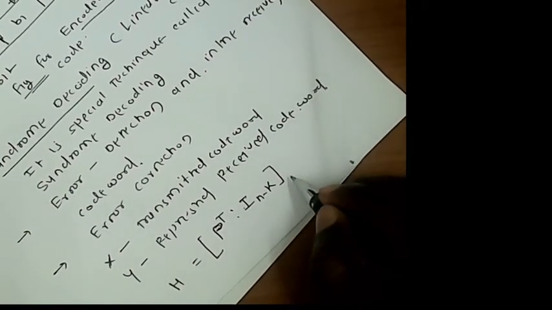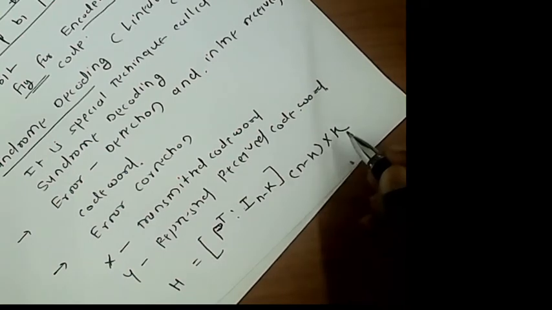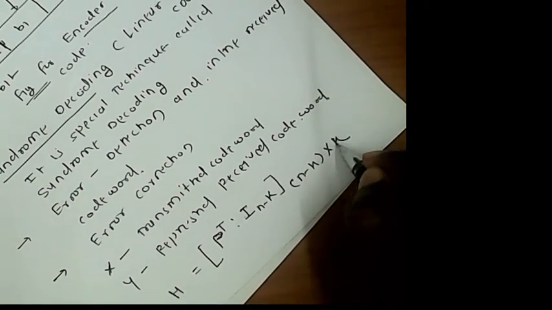The order of the parity check matrix is (n minus k) by n. We saw this equation in the previous lecture already.